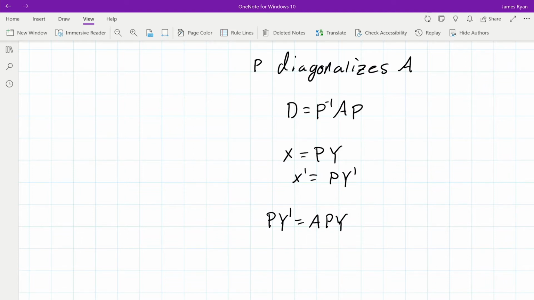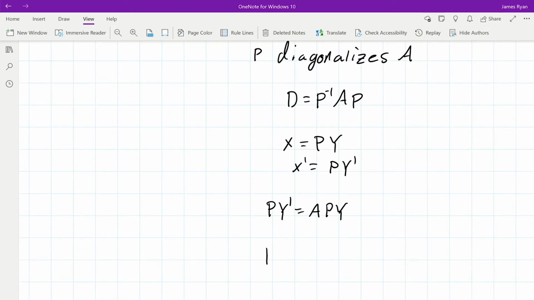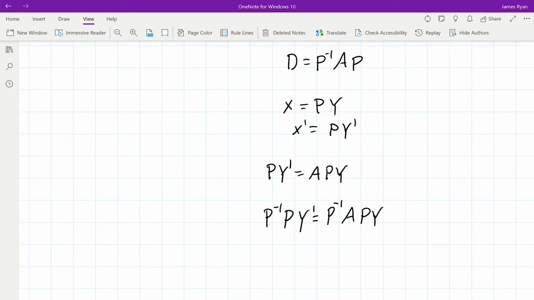If we multiply on the left on both sides by P inverse, we have P inverse P y prime is P inverse A P y. But P inverse P is I, and P inverse A P is D. So this just reduces to y prime is Dy.